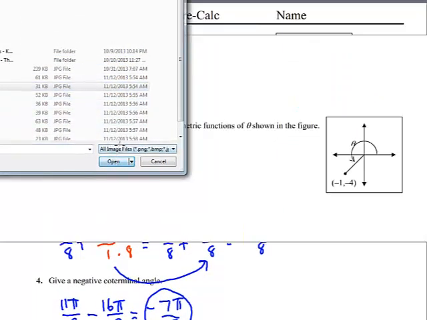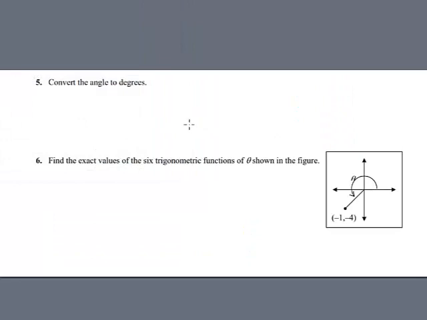Number 5. Number 5, convert the angle to degrees. So we have 11 pi over 8. And we know my conversion is 180 is equal to pi. So we're going to put 180 degrees over pi. Oh, sorry.